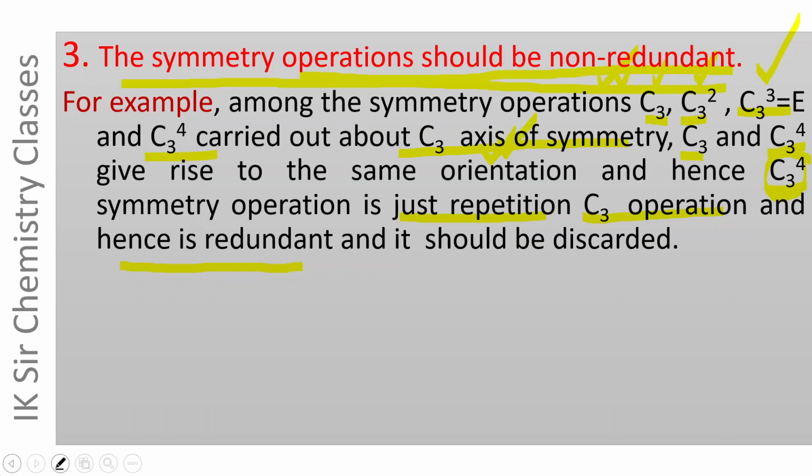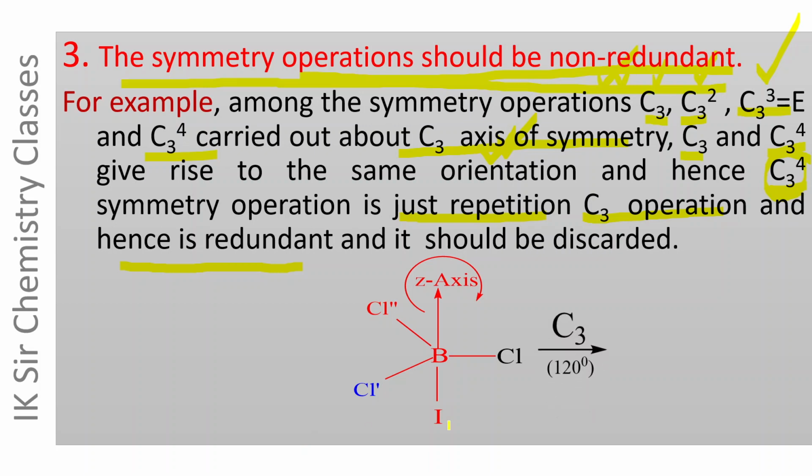Let us illustrate it with the help of a diagram. It is a BCl3 molecule. C3 operation means rotation of this BCl3 molecule about the z-axis by 120 degrees. As a result, this Cl double dash atom will come to this position as in orientation number 2.